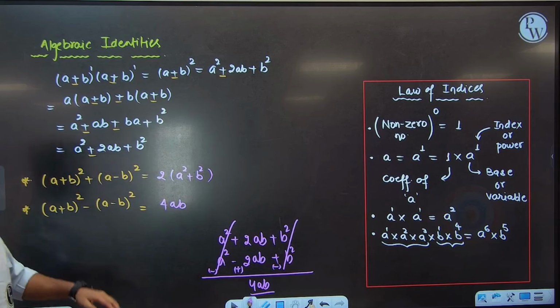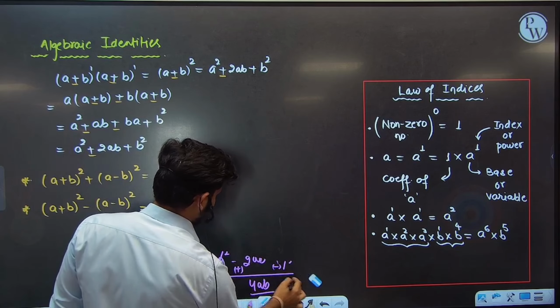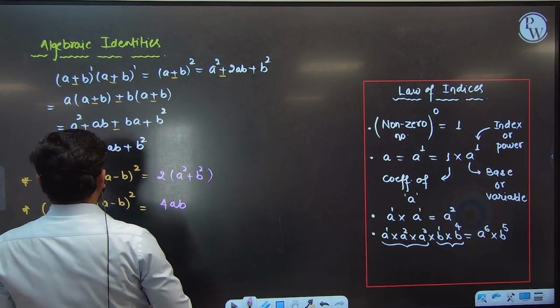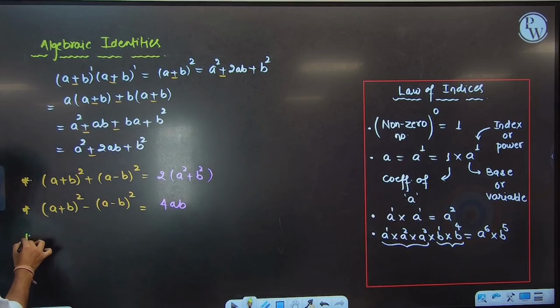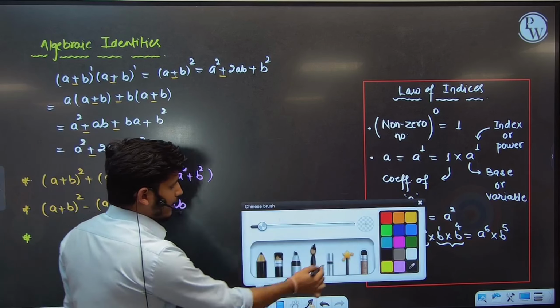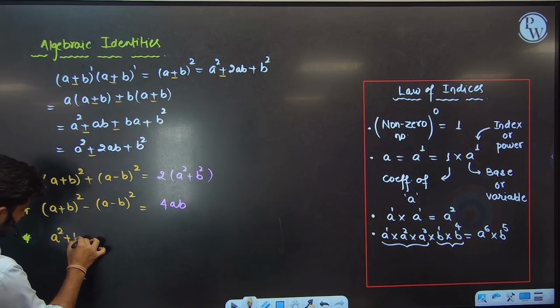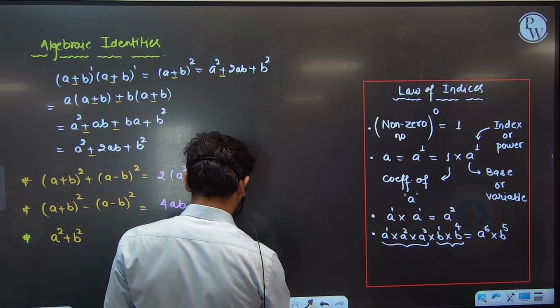Done? Okay, now tell me, what is the result of (a square plus b square) by 2?